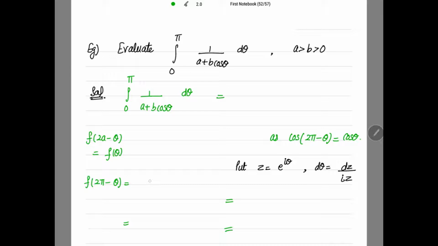I put cos of 2 pi minus theta instead of cos theta, so it is a plus b cos(2 pi minus theta). We all know that cos(2 pi minus theta) is equal to cos theta. So I get back my function 1 over a plus b cos theta. That means f(2 pi minus theta) is equal to f(theta).